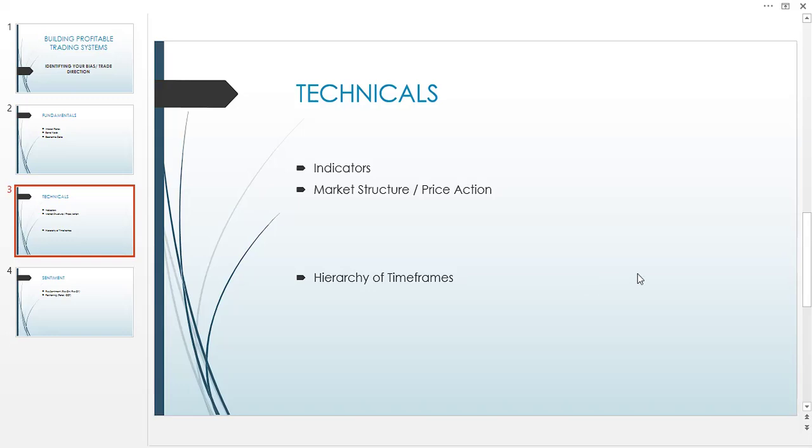I'm going to be sharing with you how I came up with both the swing shots and the fractals. I'm also going to be mentioning how you could intersect two or more to give you a higher probability of being right on the chart.